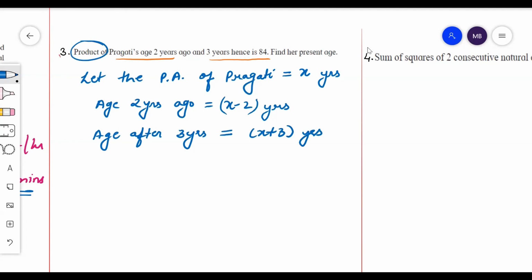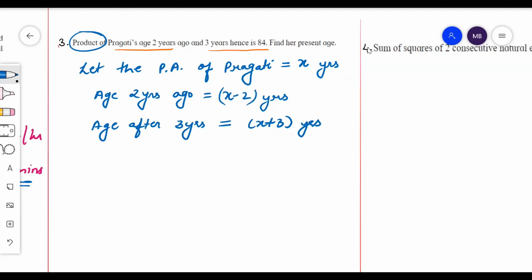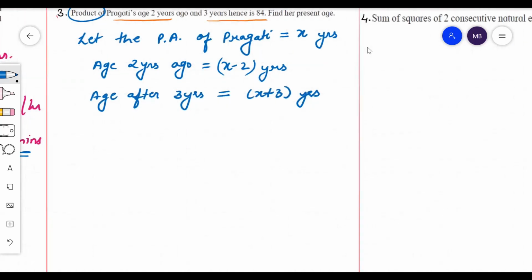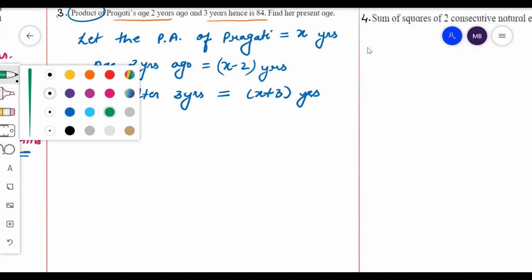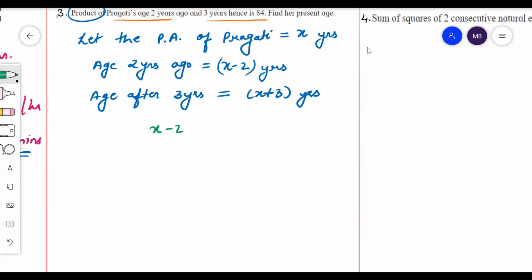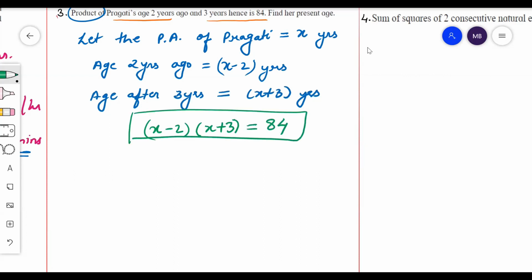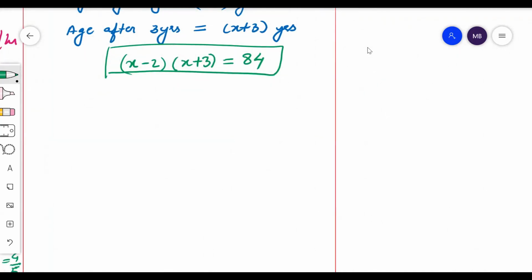So now, what is given? Product of age 2 years ago and 3 years hence is 84. That means, what equation do I have? I have X minus 2 into X plus 3 equal to 84. Okay, this is the situation. Now I need to expand and form it into a quadratic, right?